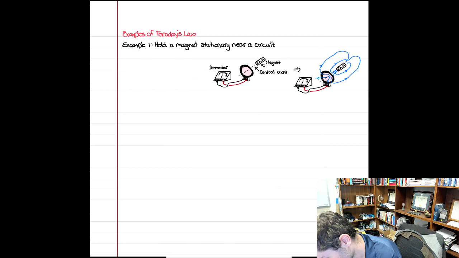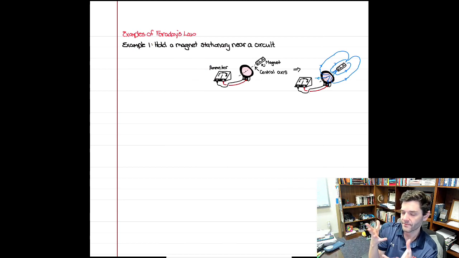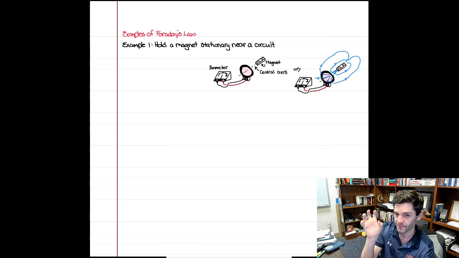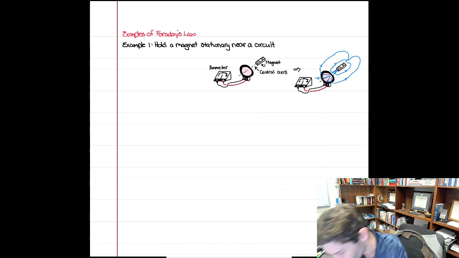In this case, in order to evaluate an induced EMF, which evaluates an induced current, which you can evaluate an induced magnetic field around that current, which then creates the magnetic field in the flux that tries to counteract what is changing in the first place.